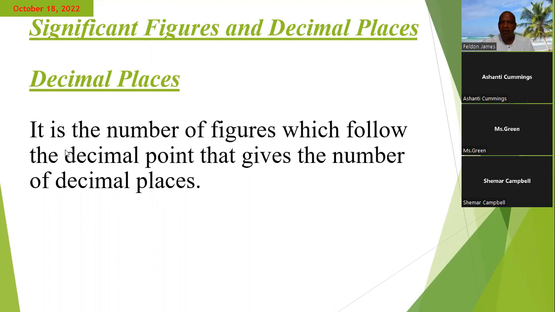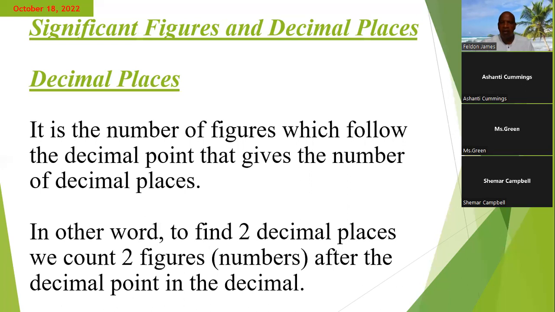That means if we are told to round off to a certain number of decimal places, we only count those digits coming after the point. So if you want one decimal place, we count one digit after the point. Two decimal places, we count two digits after the point. Three decimal places, we count three digits after the point, and so on.